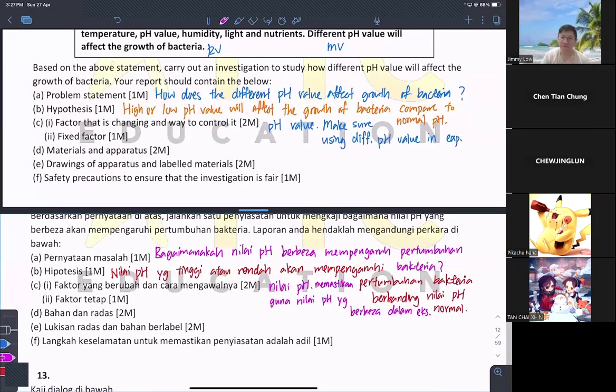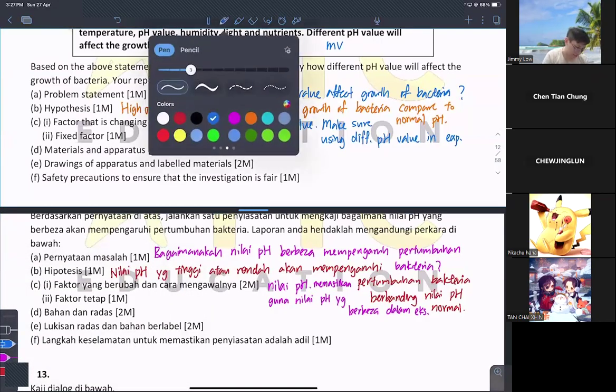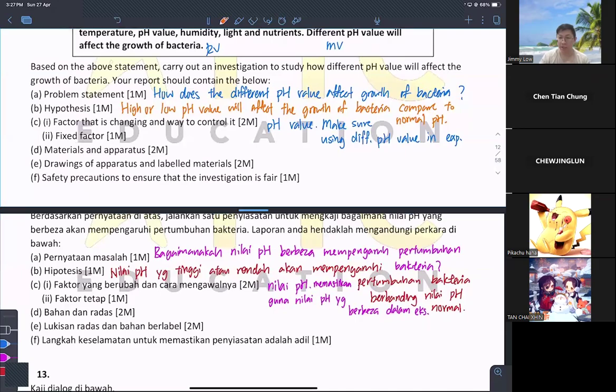All right. So fixed factor. Fixed factor represents the constant variable. So in terms of a constant variable, you have to say the rest of the temperature, the surrounding, the volume, and so on. Everything you can write. A lot of things to write. So I would say the quantity of bacteria culture.